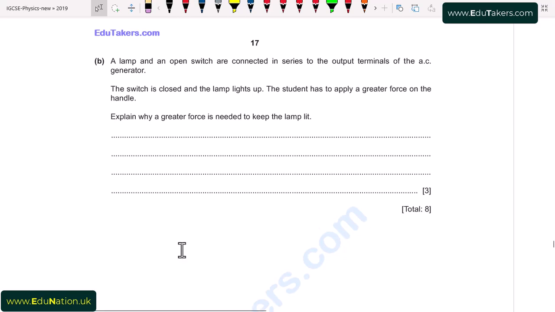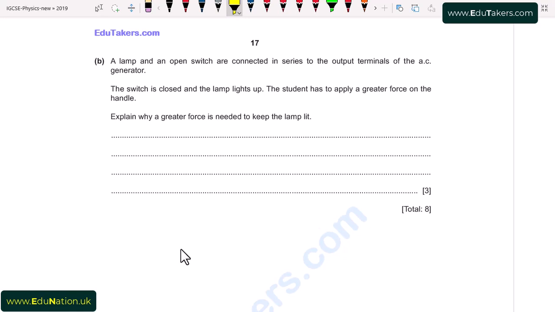The AC generator is a device that is used to convert mechanical energy into electrical energy. It means that the coil moves in the magnetic field, which means that the coil does work, and this work is converted into electrical form, so that the lamp lights.